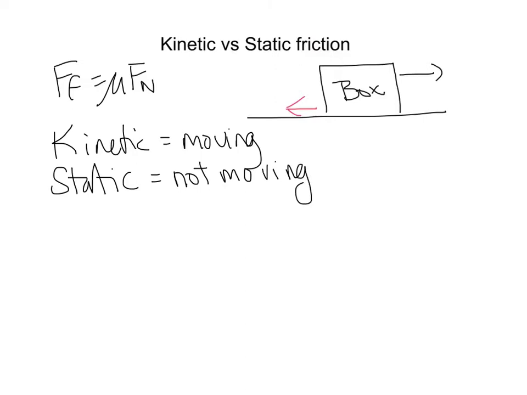That's all fine and dandy, but the interesting thing, and the thing that we will actually do some calculating with, is that the coefficient of static friction tends to be more.